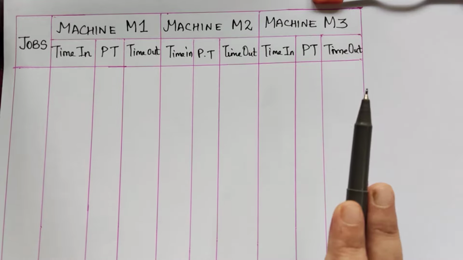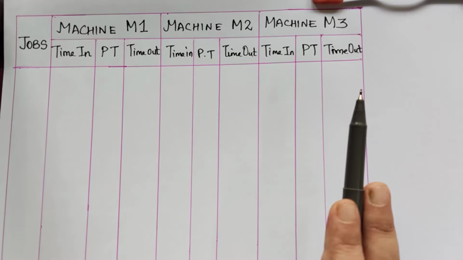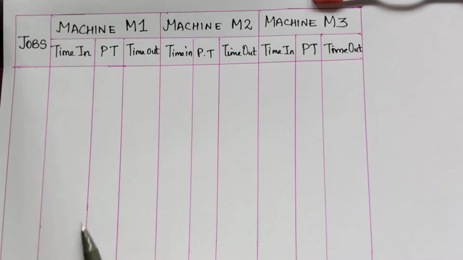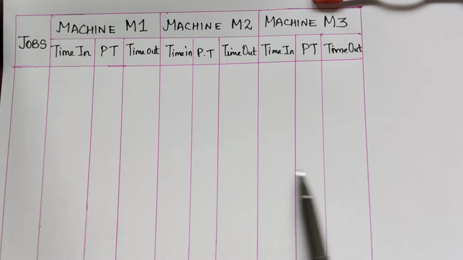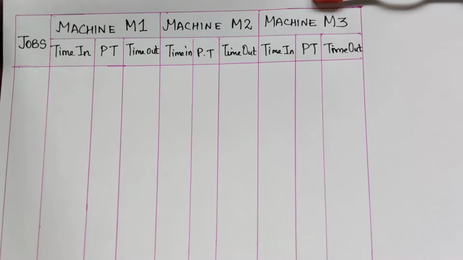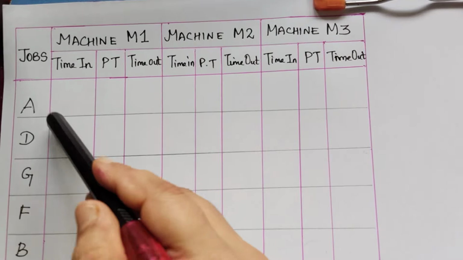And remember, we converted it into a 2 machine problem only to find the job sequence. But while performing this tabular column, that is to find the total elapsed time, we have to consider all 3 machines. Let me fill in the jobs by the sequence that we have found, in the same order.